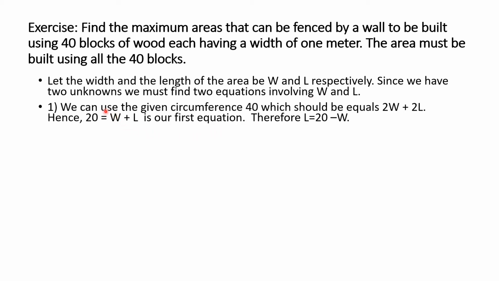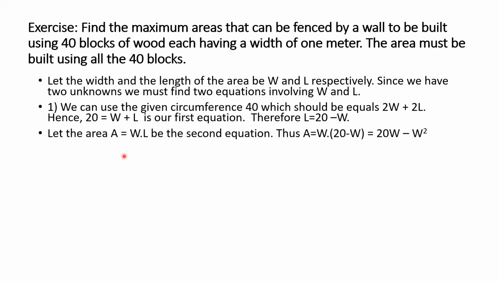Now, we can use the given circumference of 40. Since 40 must be the circumference and we have to build 2 widths and 2 lengths, then 40 must be equal to 2W plus 2L, and that makes 20 equal to W plus L, which is our first equation. Therefore, we can solve for L, so L will be equal to 20 minus W. Now we have to go for the second equation.